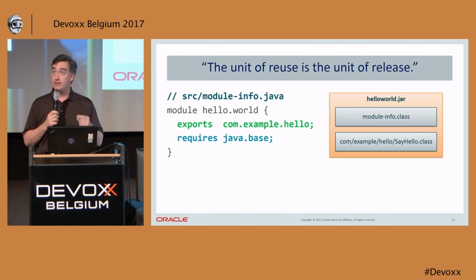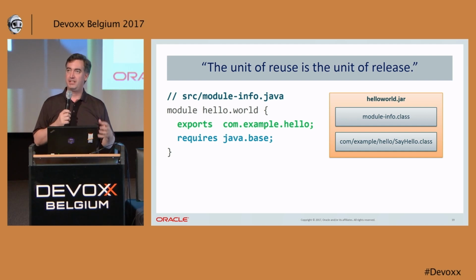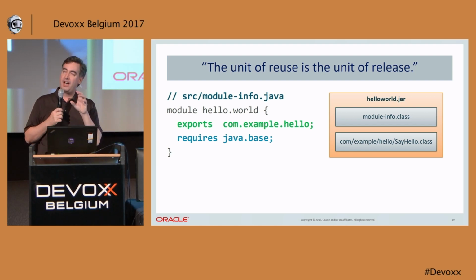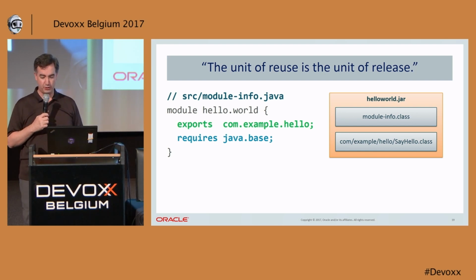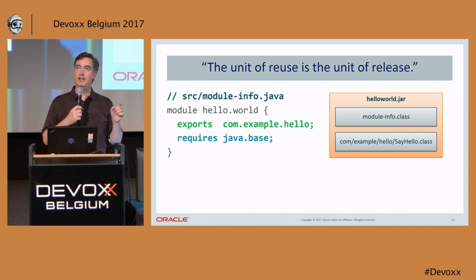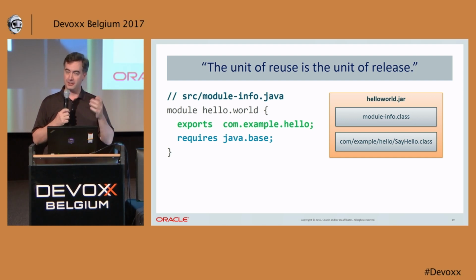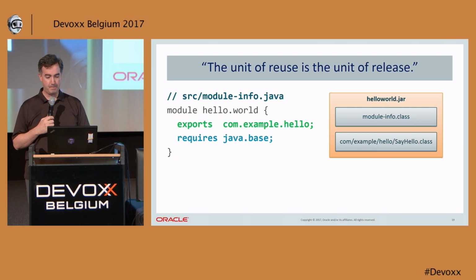The reuser benefits from an explicit, coherent API consisting of precisely the exported packages. The releaser benefits from strong encapsulation of concealed packages inside the module which support the API. Even if there's high coupling inside a module, there's loose coupling between modules, another good software engineering principle.